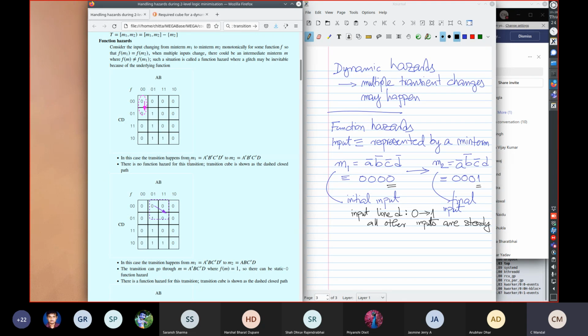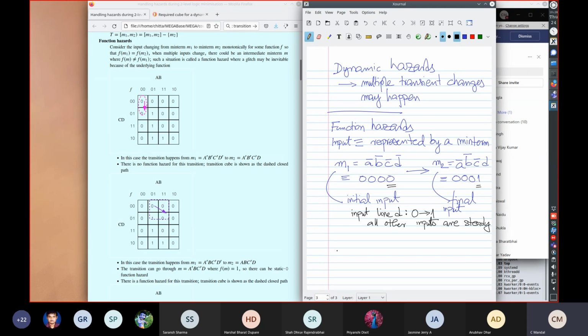So now here, what do you see? Here, what you see is that in this case, call it say f1, I think these are the same functions. So f0, 0, 0, 0.